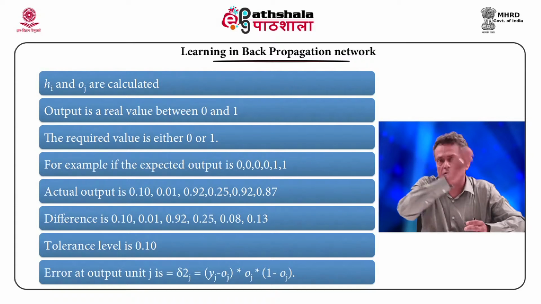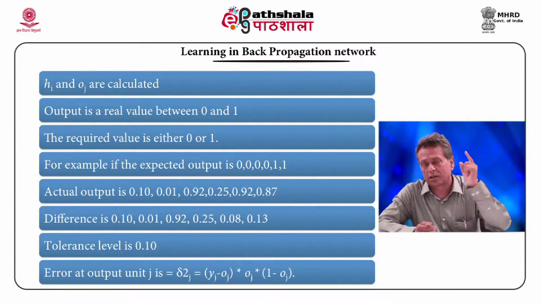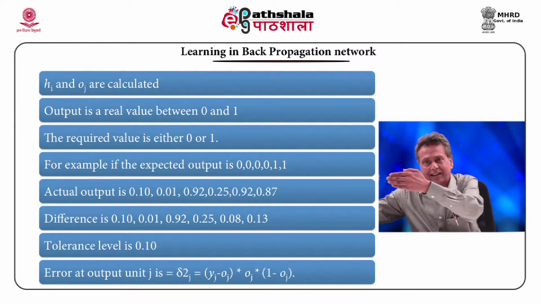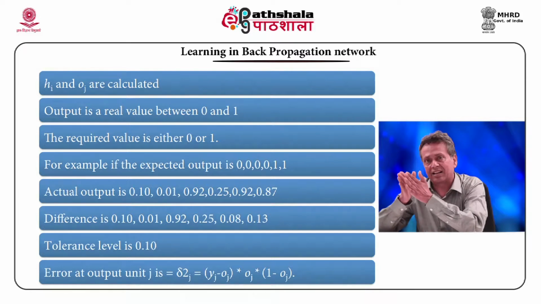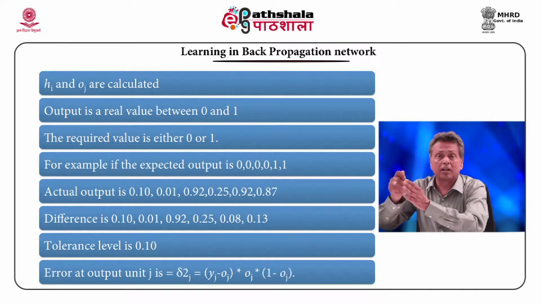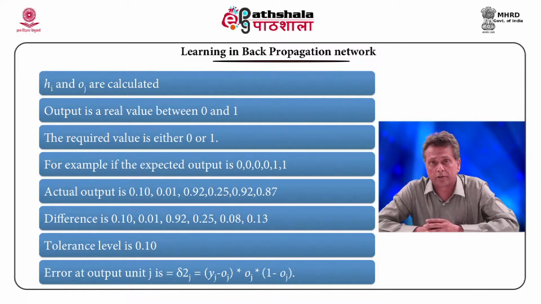The second layer weight: there are 2 layers of weight, W1 and W2, okay. Remember what we discussed, the inputs flow in this direction, the errors flow back. First of all, the errors are available at the output layer. So, at the output layer we look at what is the actual value, what is the expected value, and what is the difference.